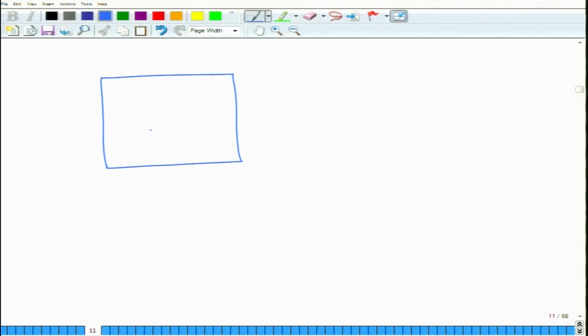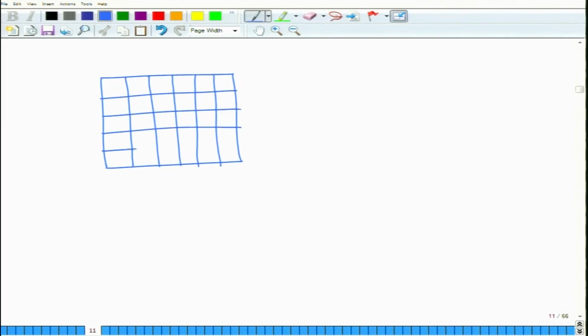Let us say this is the perfect grid of a material, with atoms sitting at the corners.